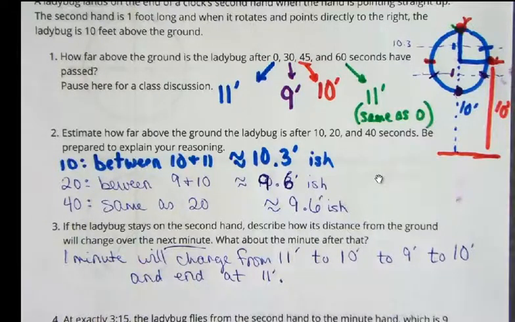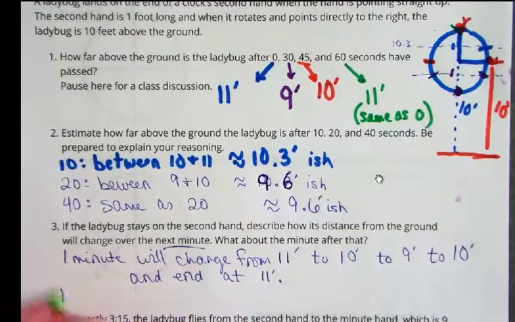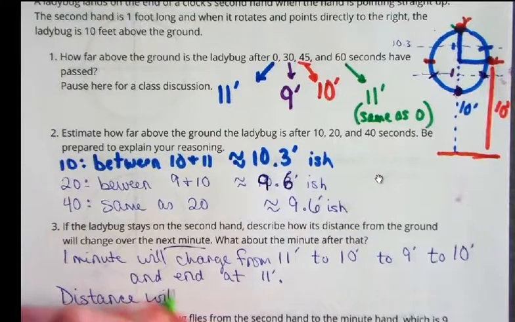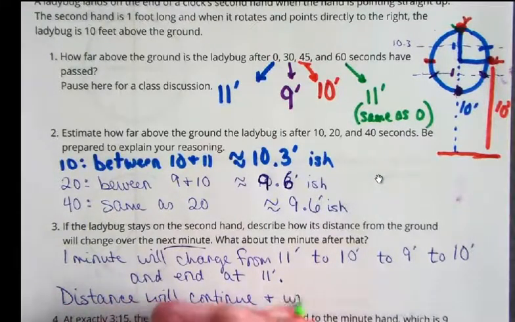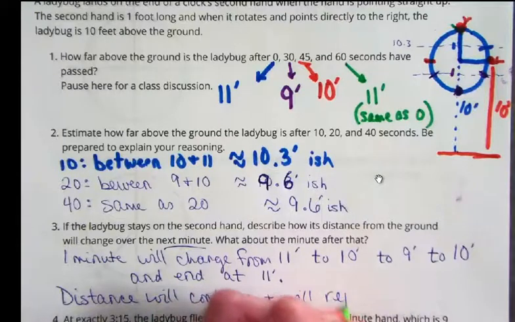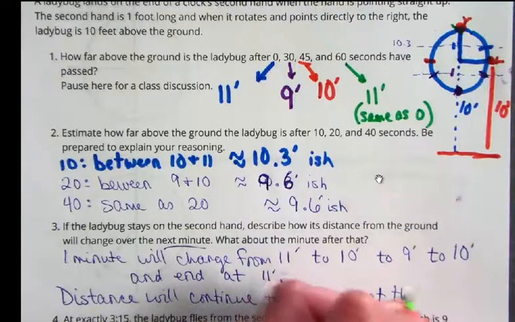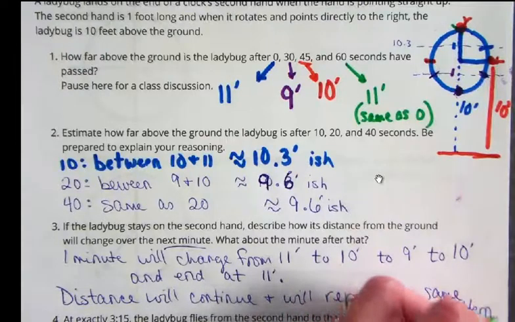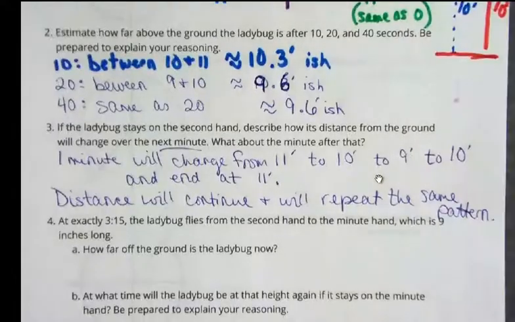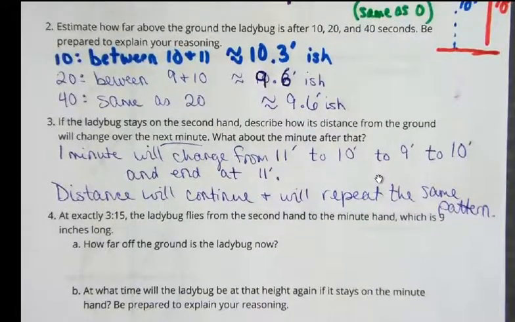It will continue to rotate. So the distance will continue, and it will repeat the same pattern. We've been looking at patterns since Unit 1, where we were looking for like series and sequences, right? So we're still always looking for patterns going on here.